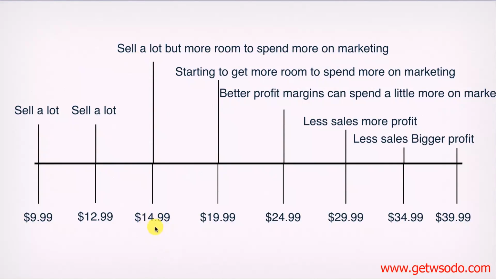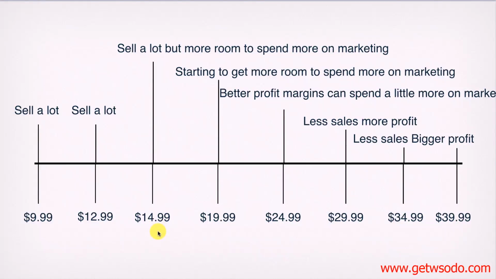Now, when you start to get to like $14, $15, you still need to sell a lot, but you have more room to spend on marketing. So you have more leverage, depending on the price of your product, of course. You can pay more per purchase, or you can try to optimize for less per purchase and get better profits.